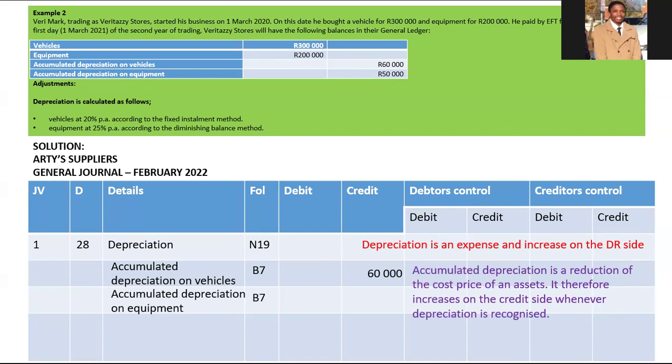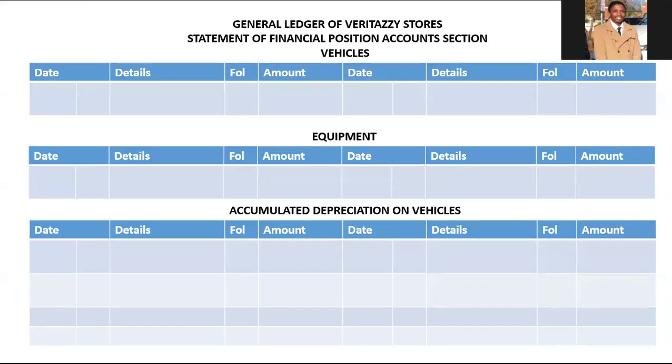For equipment, it was 37,500. 37,500 plus 60,000 will give you 97,500. Vehicles are assets. We didn't buy any vehicles for this year, so our balances will remain the same.